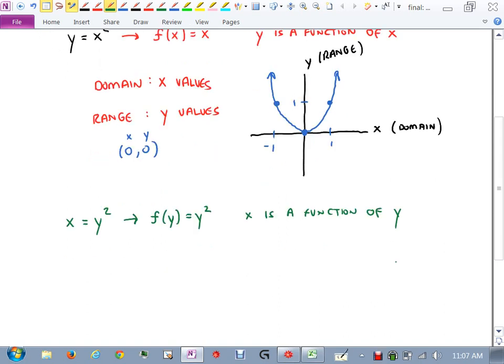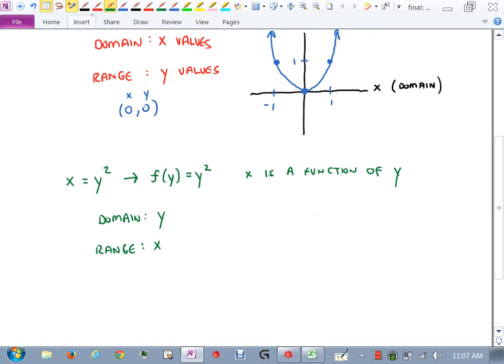And then I could go through the whole thing again. The domain here is what? The y values. The range here are the x's. So everything's just kind of switched, right? And so when we graph it, we still have the x and y axes, but they're flipped now. My y is my domain, right?